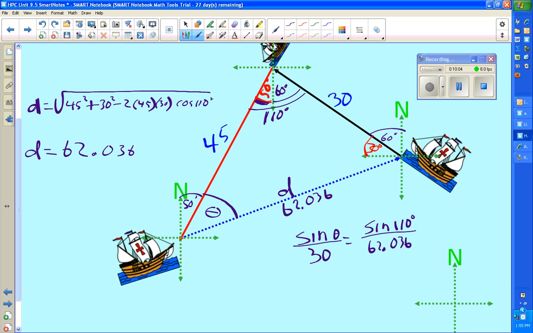I'm okay with you using that rounded number as long as you use 3 decimals. So then your sine of theta is going to equal 30 sine of 110 over the 62.036. And you're going to do sine inverse of that.